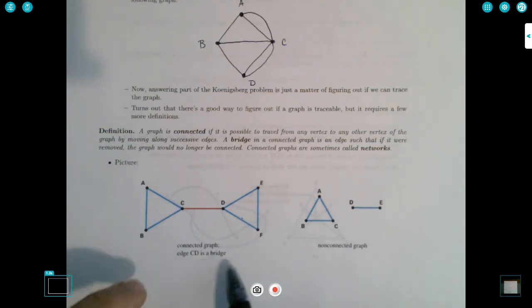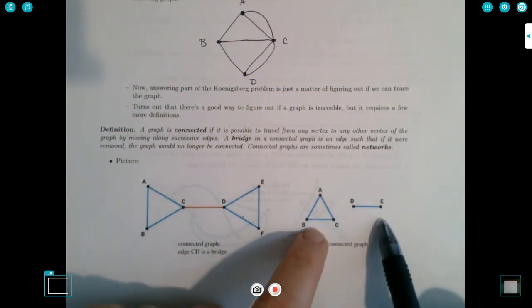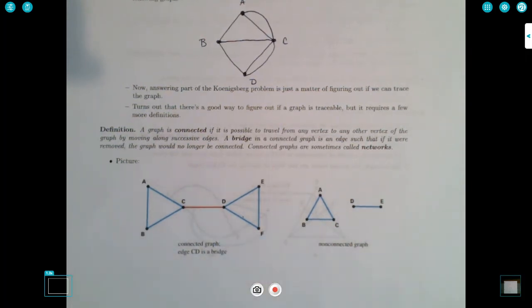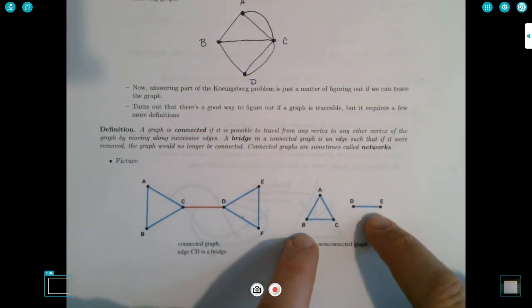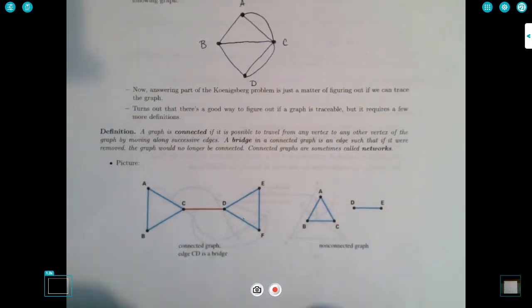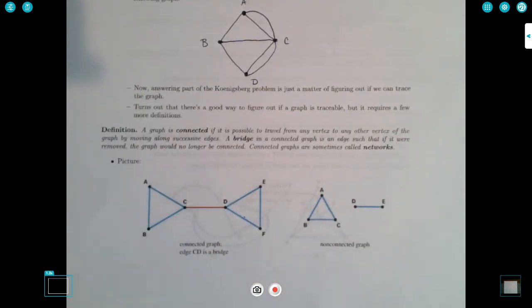But anyway, this is a connected graph. This is not a connected graph. Basically, a non-connected graph would be like if you took two graphs and put them together and did not join them together with any edges. Then you've got a disconnected graph. This is a connected graph.